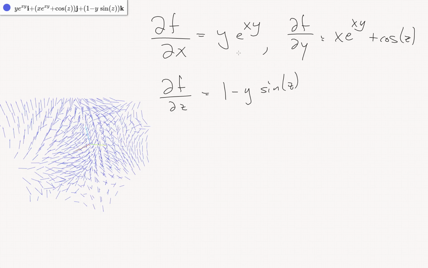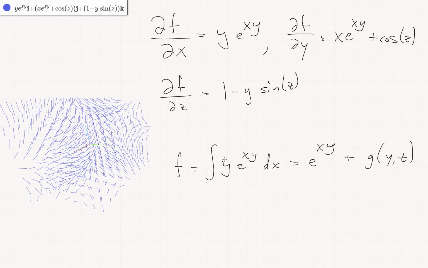So we'll integrate del f by del x, just treating y and z as constants. So f is the integral of y e to the xy dx, and so that's e to the xy. Now normally we would put e to the xy plus c, but c is only a constant with respect to x. So this c becomes a function g, which is constant with respect to x, but it can still depend on y and z.